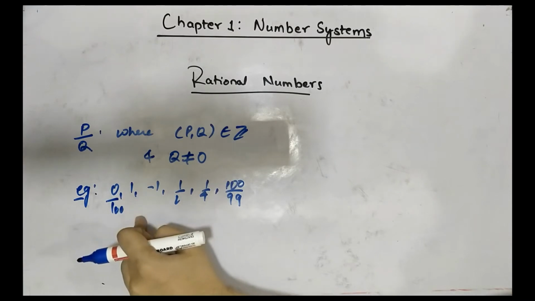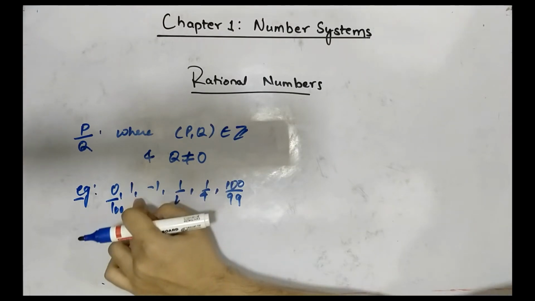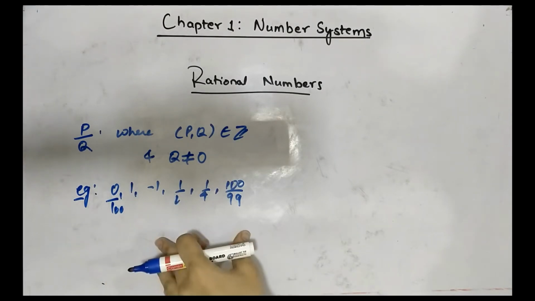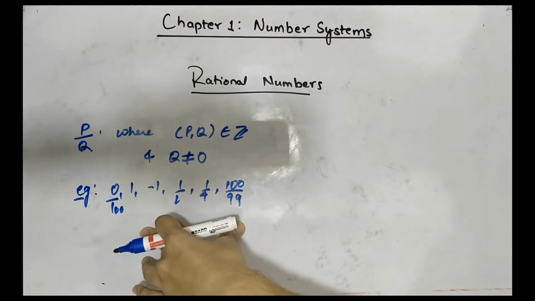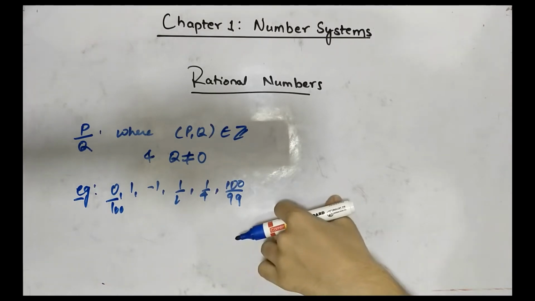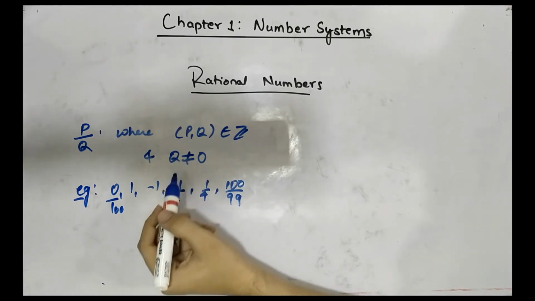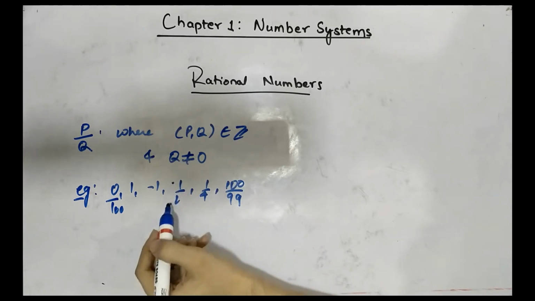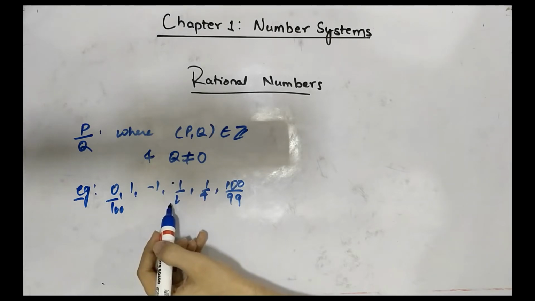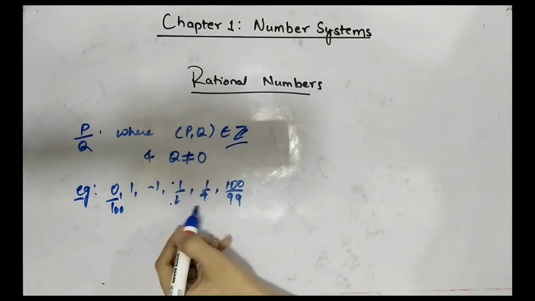We can put 1 for the denominator anywhere in any of these, okay. So all these numbers can be represented in the form of P by Q, and in all of them these two numbers, the P and the Q, are going to be integers. And Q is not equal to 0.